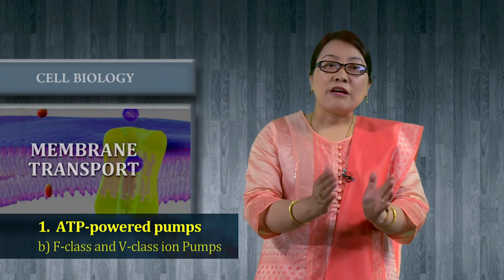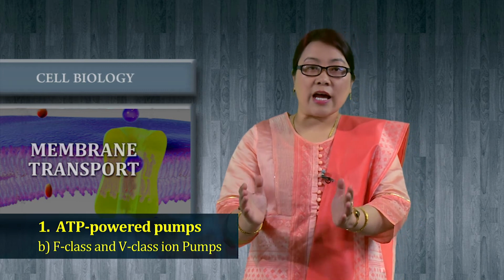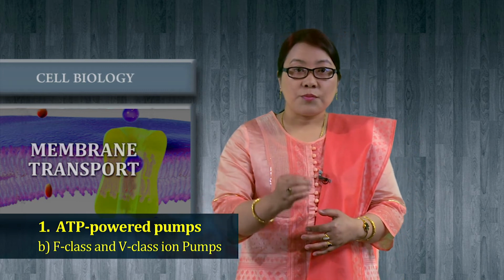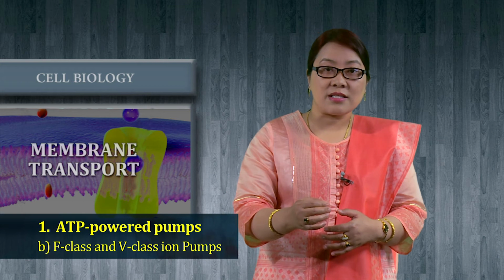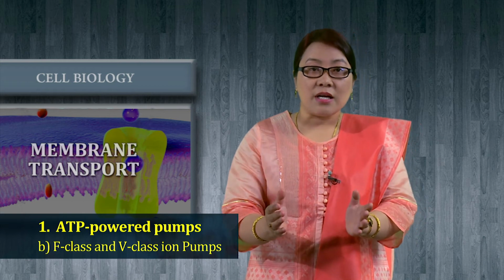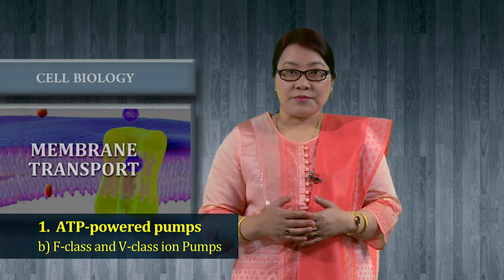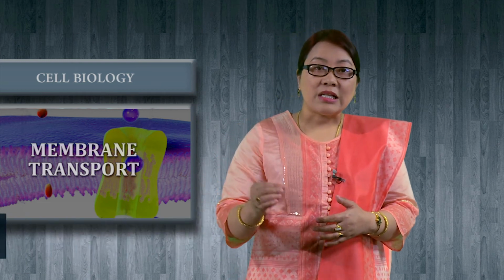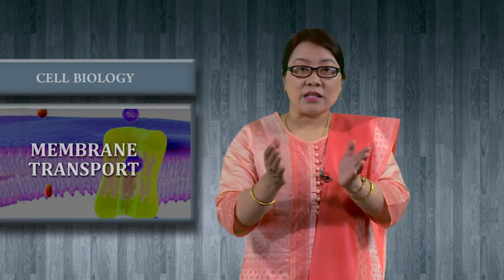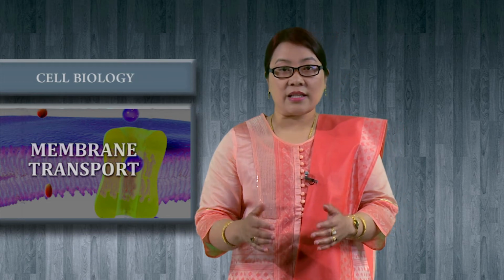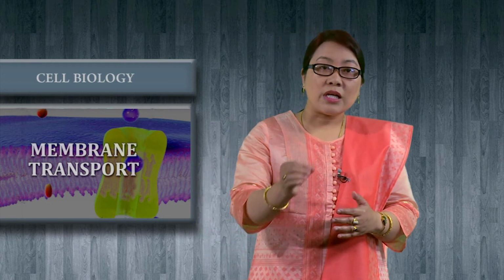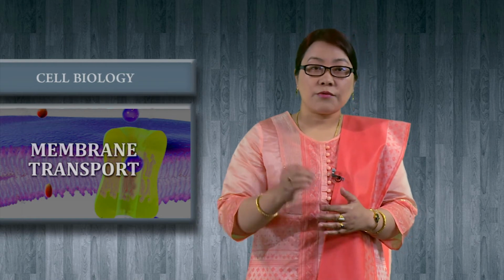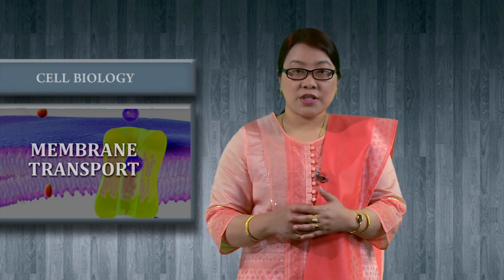Next are the F-class and V-class ion pumps. The proteins of these two classes are structurally similar but are unrelated. Both F and V class pumps have many different transmembrane and cytosolic subunits and they transport only protons without involving a phosphoprotein intermediate.